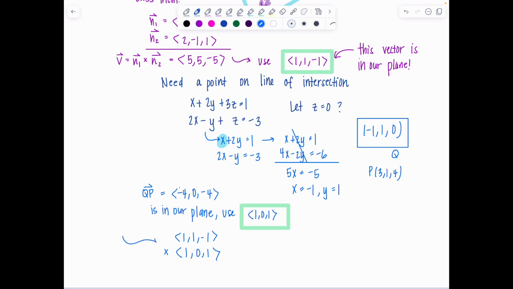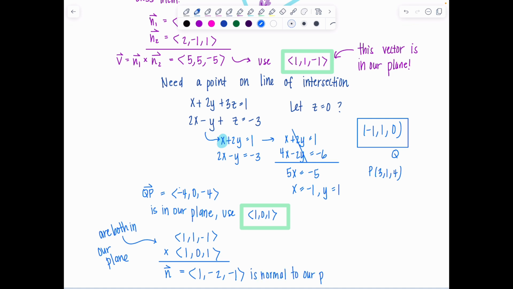These are both in our plane. So the normal vector to our plane would have components. Let's see. That's going to be 1, -2, -1. So that is normal to our plane.